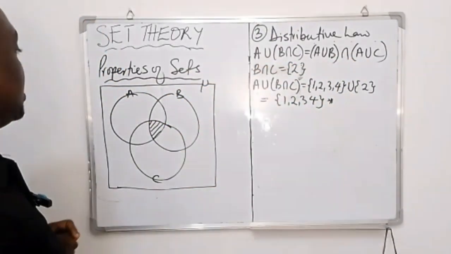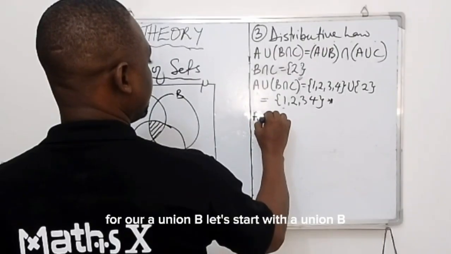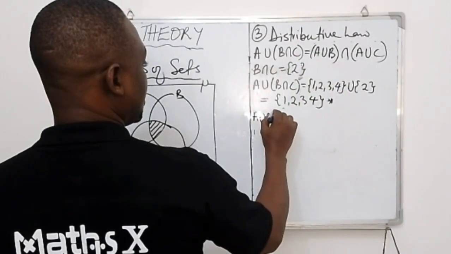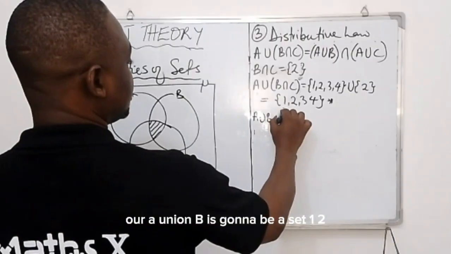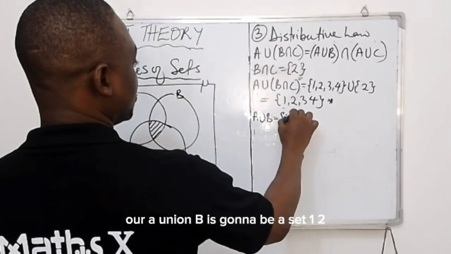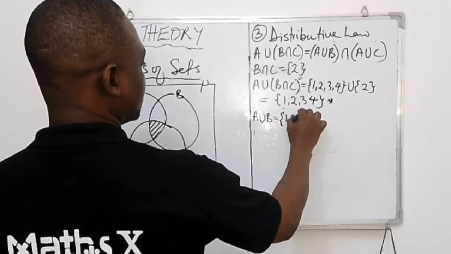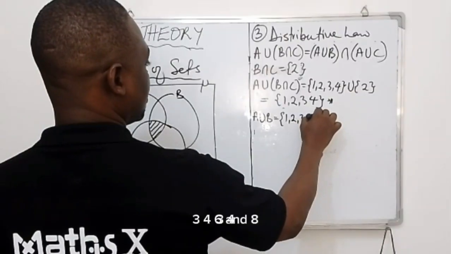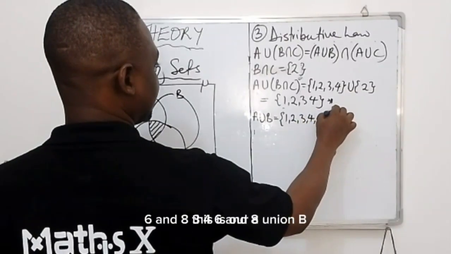Now let us work on A union B intersection A union C and see if the answer corresponds to this. Let's start with A union B. Our A union B is going to be the set 1, 2, 3, 4, 6, and 8.